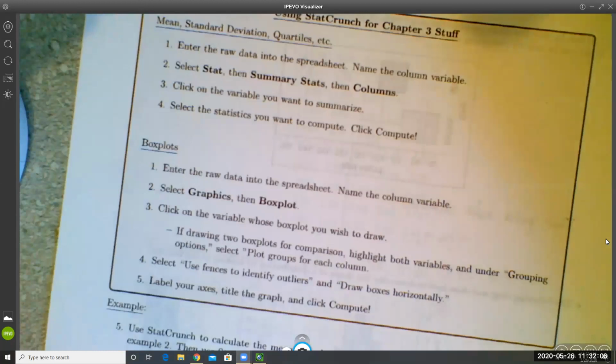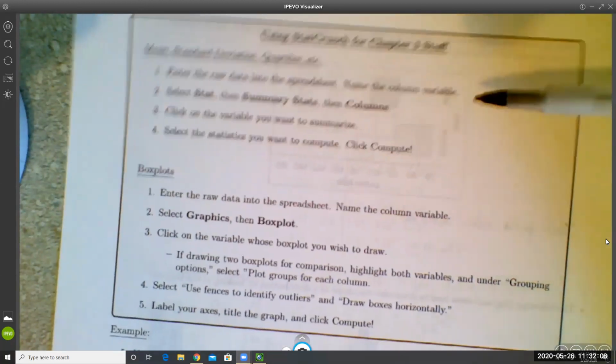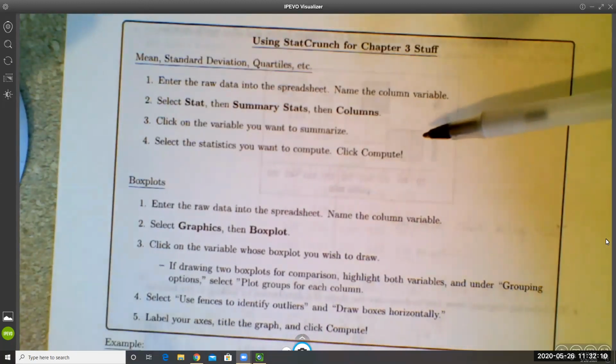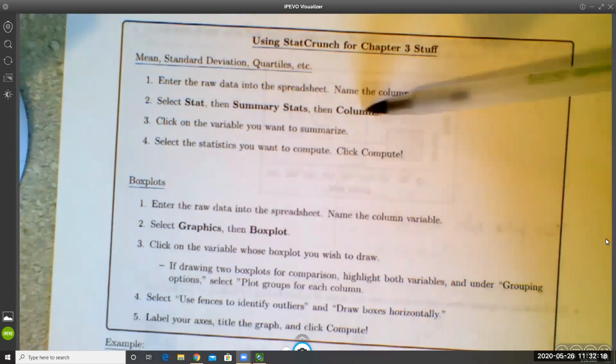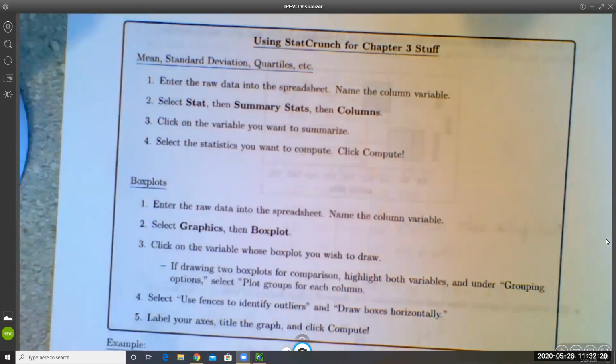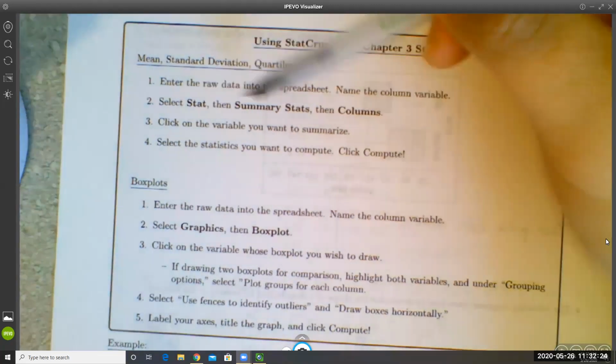If we want to compute any kind of numerical summary of data, those are all stored in the same place in StatCrunch. They're stored under stat and then summary stats and then columns. So if you want the mean or the quartiles or percentiles or anything else, you go stat, summary stats, columns.